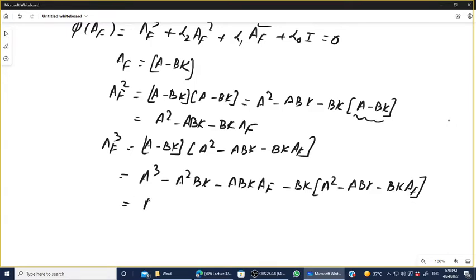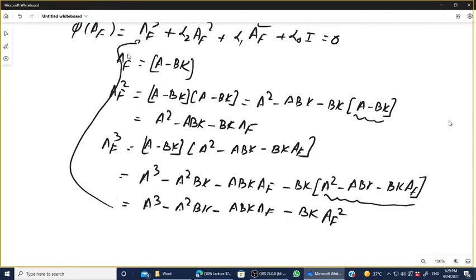And it is nothing but A cube minus A square BK minus ABK AF minus BK into this term, which is again AF square. So AF square, right? Now try to put this value into the phi(AF) equation.